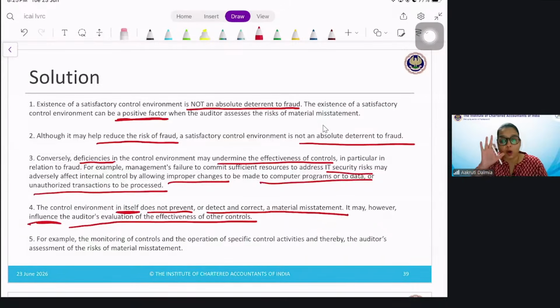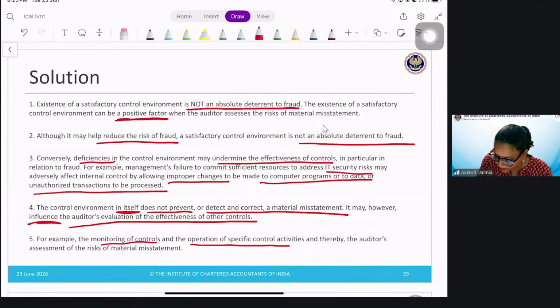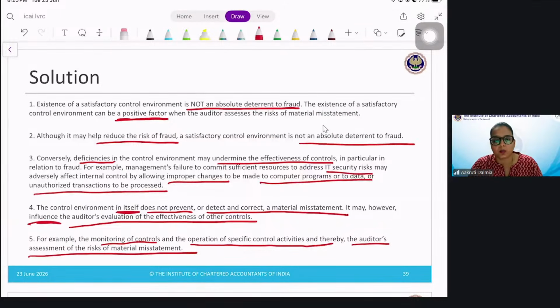Yes, this topic is given, Mehak, but you don't have to write exactly. Not a complete copy-paste, okay? For example, the monitoring of controls and operation of specific control activities, thereby the auditor's assessment of risk of misstatement. Okay?